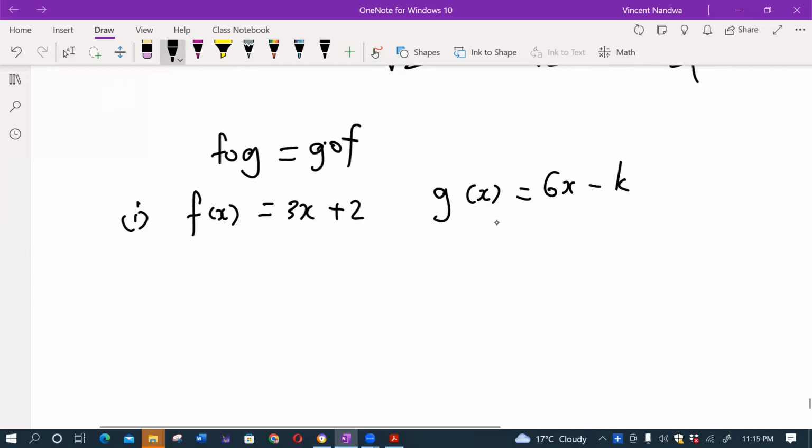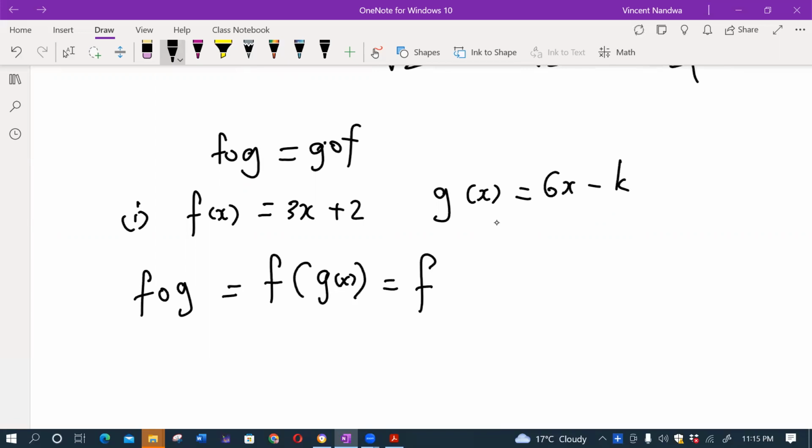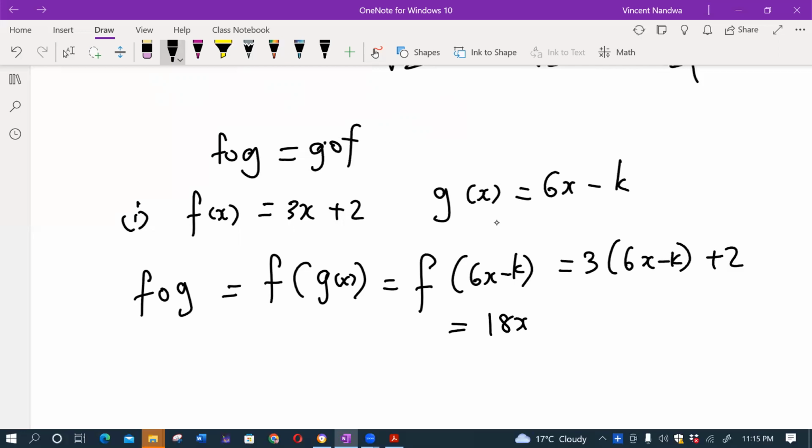So let's start by finding f composed with g, and by definition, this is the same as f of g of x, which is f of 6x minus k. And if f of x is 3x plus 2, this will be simply 3 times (6x minus k), then plus 2, which will give us 18x minus 3k, then plus 2.